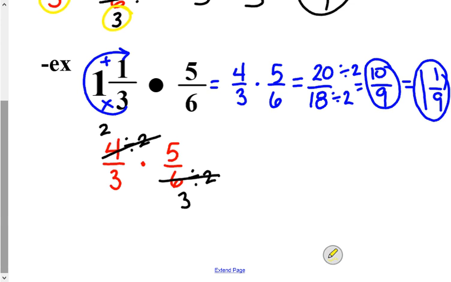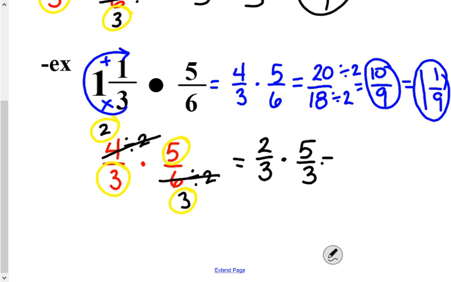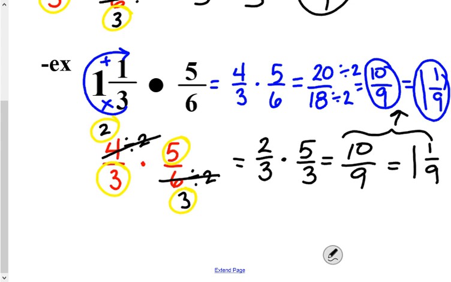Now I'm going to rewrite my problem as 2/3 times 5/3. And then 2 times 5 is 10, 3 times 3 is 9. I still get 10/9, which still equals 1 1/9. That's just like what I had before.